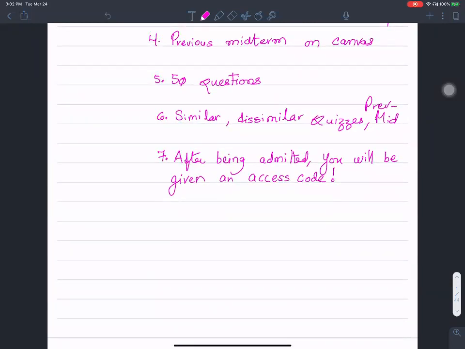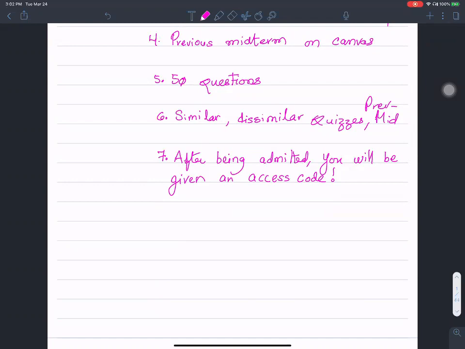I also posted the previous midterm on Canvas. What is different this time is that there are 50 questions. The previous midterm had only about 33 to 34 questions, but this semester's midterm has a few more, 50 questions.